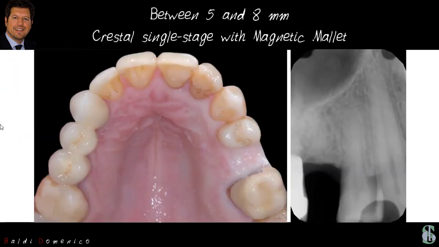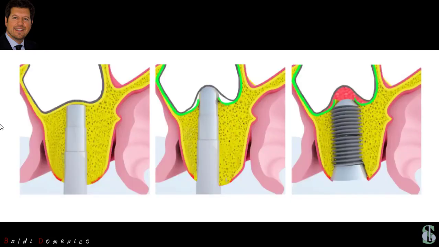And if we analyze another situation where we have the bone height within 5 and 8 millimeter, we can also have a crestal single stage with magnetic mallet, but in this case it was necessary to crack the internal cortical bone and to make just an elevation of the sinus membrane using the same osteotomes.